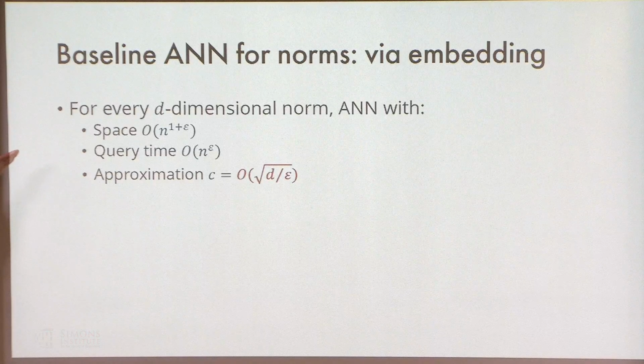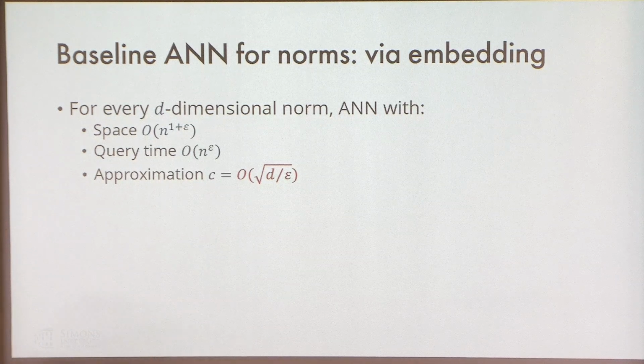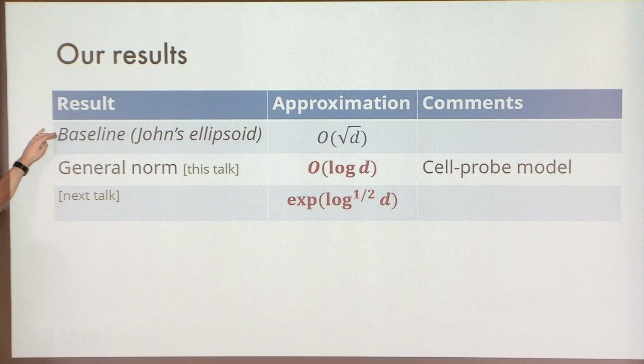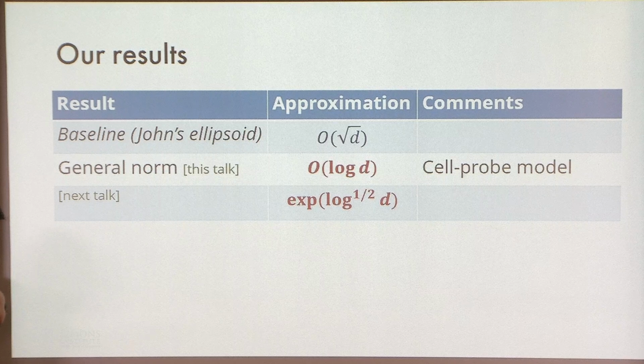This is what you can get using standard, known theorems, and this leads me to our results. This is the baseline algorithm for approximate nearest neighbor search that I just mentioned on the previous slide. I'm fixing epsilon to be a constant, just to simplify formulas.